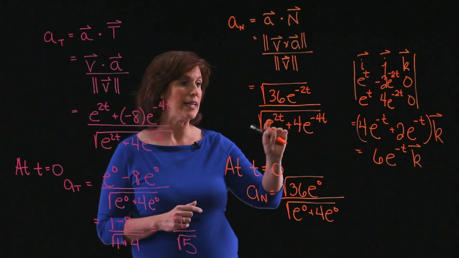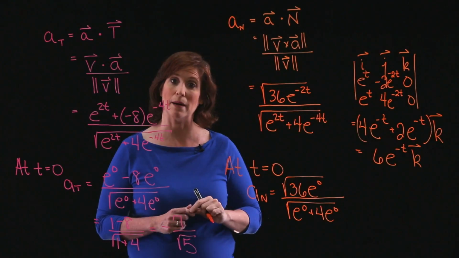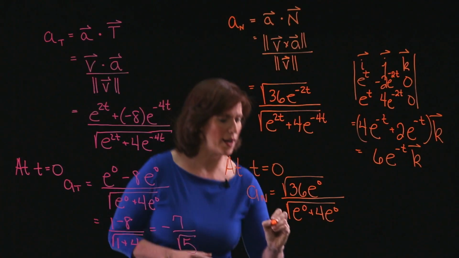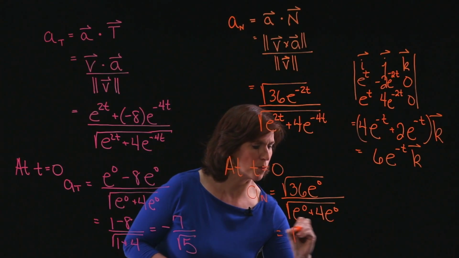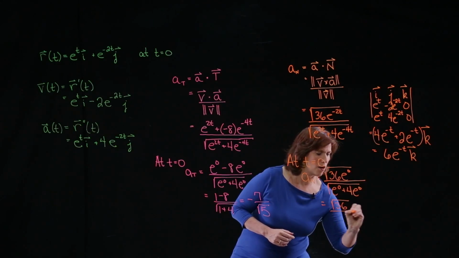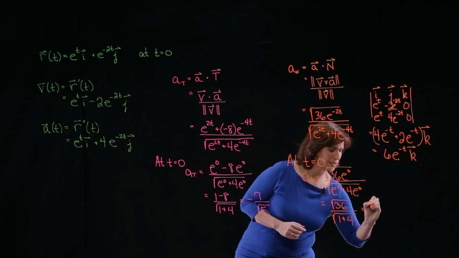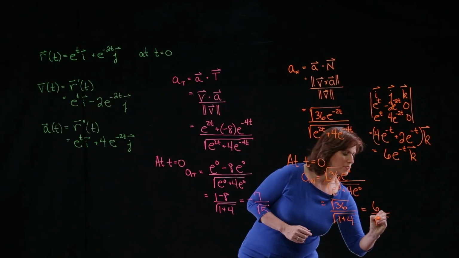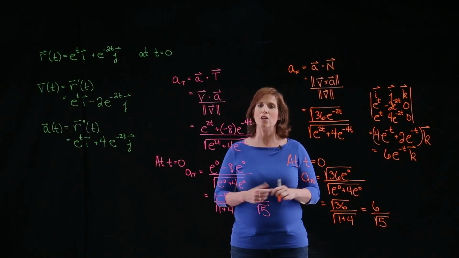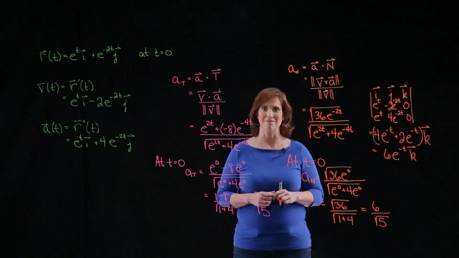Again, every time I plug in a t, all of those exponents are going to become zeros. e to the 0 is 1, so I end up with the square root of 36 all over the square root of 1 plus 4, which is 6 all over the square root of 5. And now you have your normal component of acceleration.